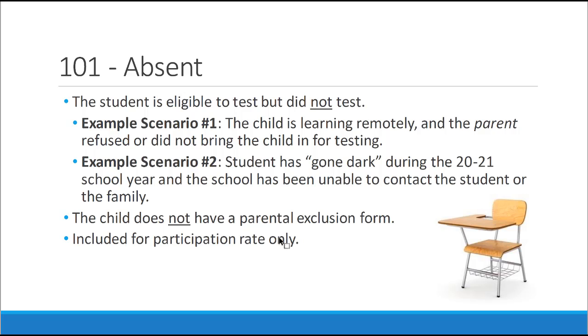Or if the student is learning remotely and you've been unable to contact them to invite them to an in-person testing session. If the student is learning remotely and is not going to come in for testing, simply apply a 101 code. That is not a situation where you would reach out to the parent and ask them to sign an opt-out form. You can just leave the test untaken.